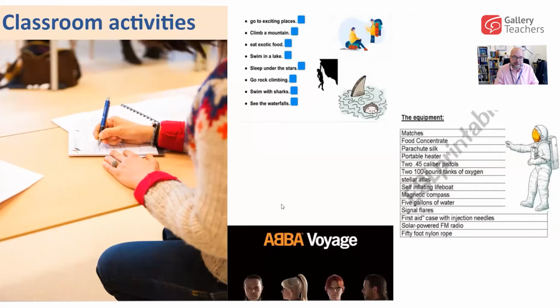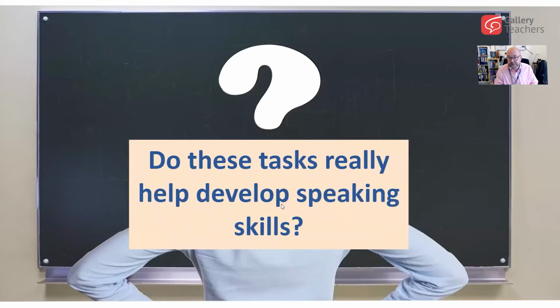So, coming back to those activities that our three friends participated in, my question is, do they really help develop the speaking skill? And I think this really depends on how the teacher uses them.